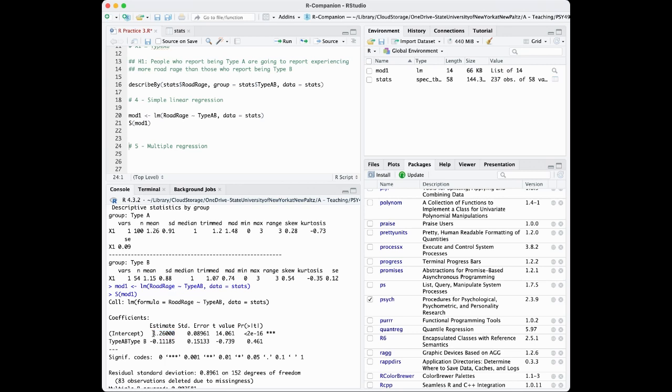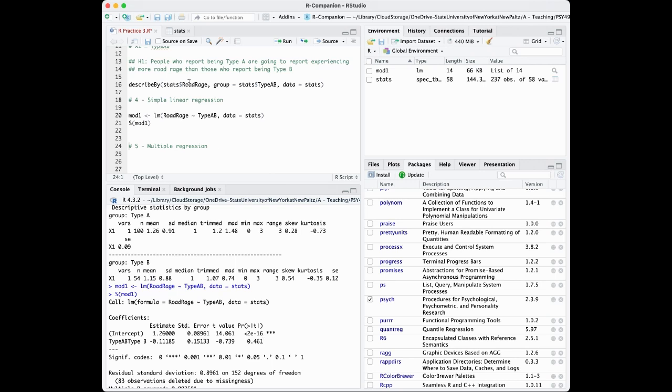If somebody's type A, our best guess as to how much road rage they will report is 1.26. If they're type B, this regression coefficient tells us it would be 0.11 lower than that. So if you take 1.26 and subtract this, you get 1.15. That's how we interpret those.